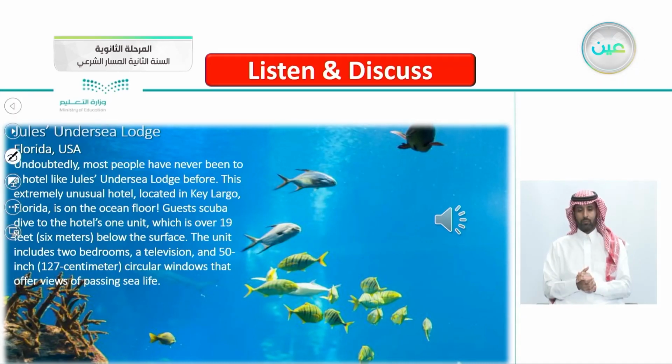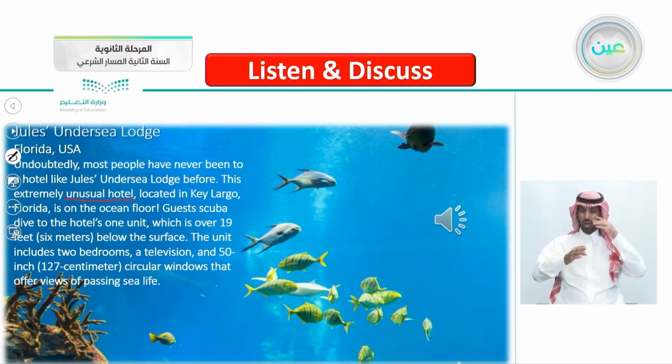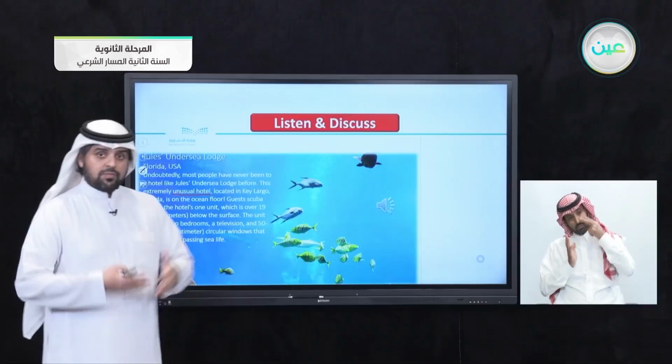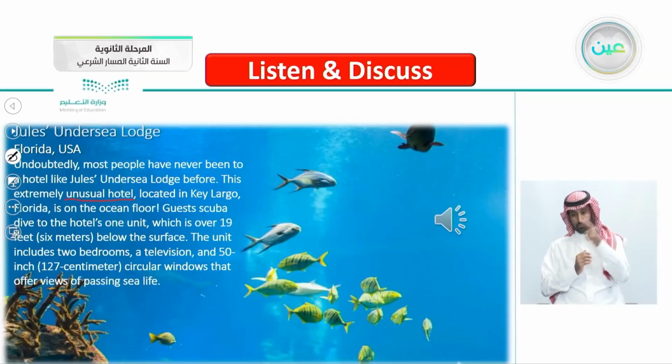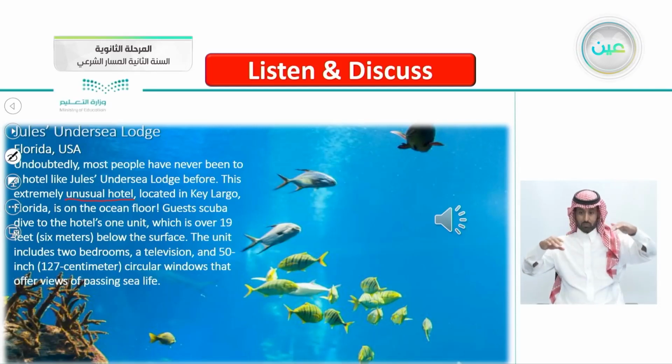So here he's talking about Jules Undersea Lodge Hotel, which is, as he said, an unusual hotel. Of course, it is unusual to be sleeping in a room under the water. So guests have to scuba dive to the hotel's one unit, which is over 6 meters under the water, or below the surface.